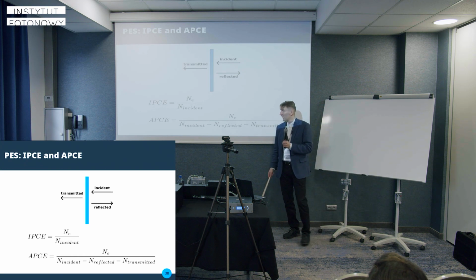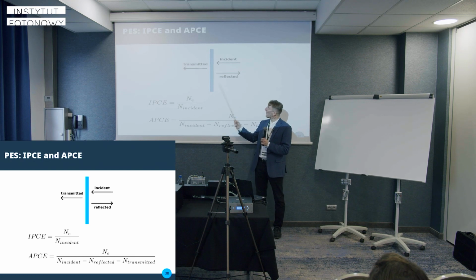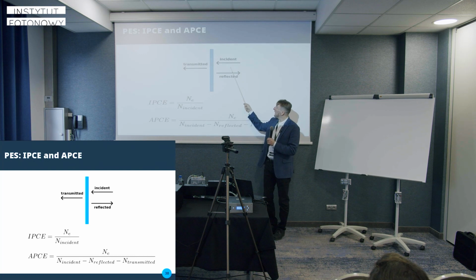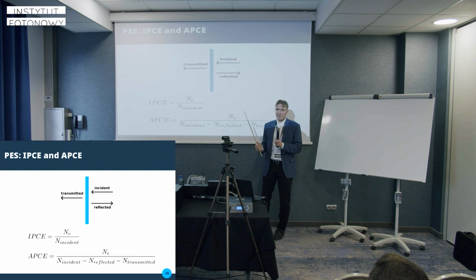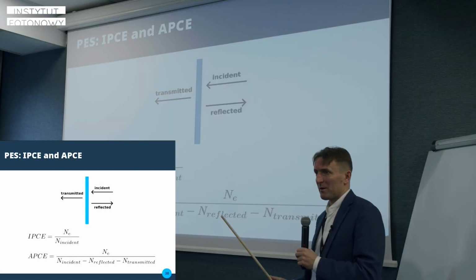IPCE is the incident photon to converted electrons ratio. So when we have light coming from your right, this is incident light, and this is your sample. It can be reflected or it can be transmitted. And the third option, not mentioned here, it can be absorbed. The most important option, perhaps.